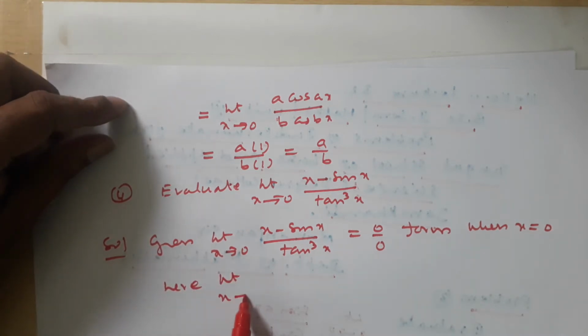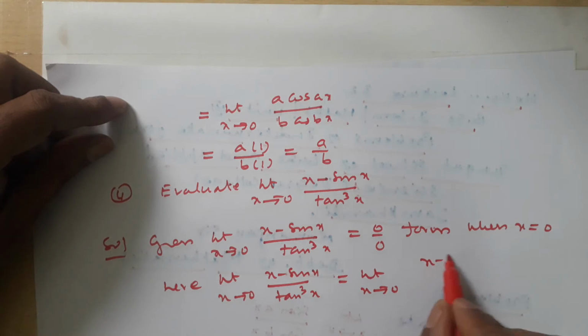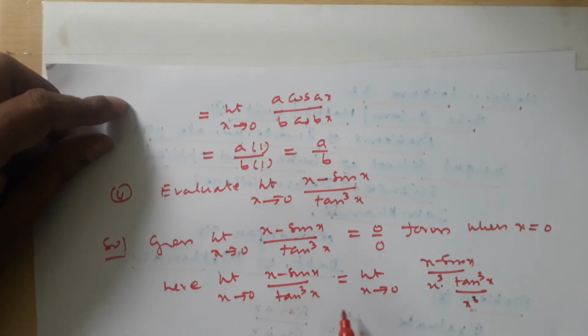limit x tends to 0 x minus sin x divided by tan cube x is equal to limit x tends to 0 x minus sin x divided by x cube, into tan cube x divided by x cube.